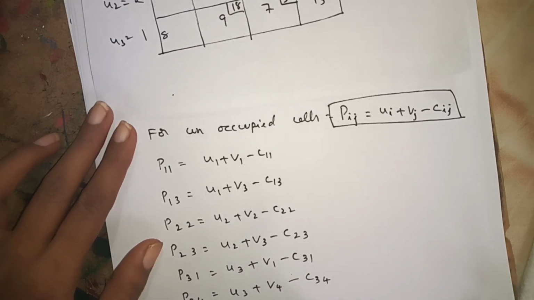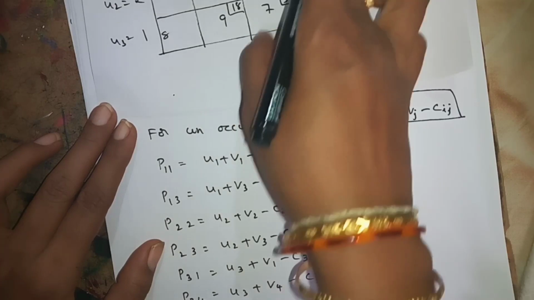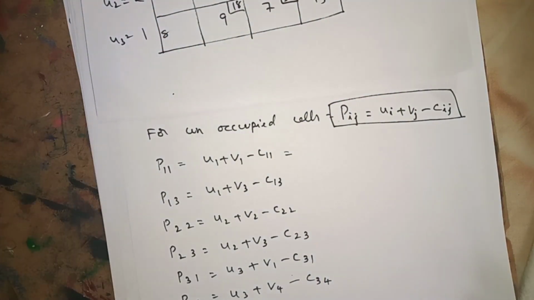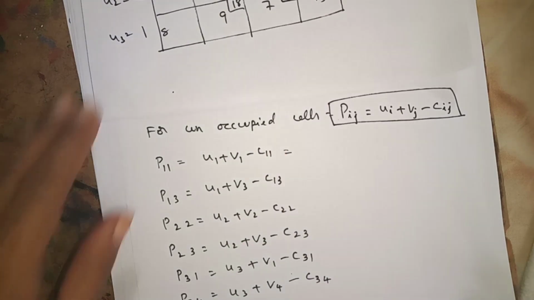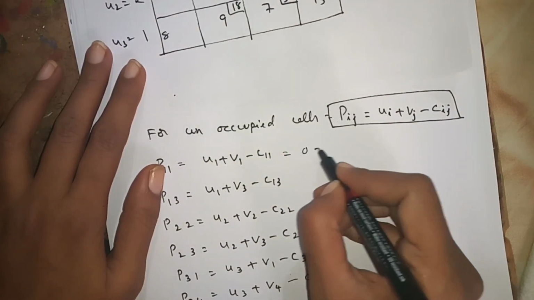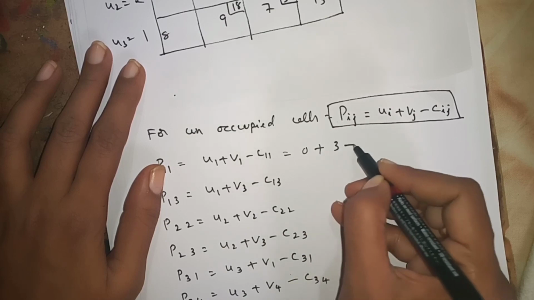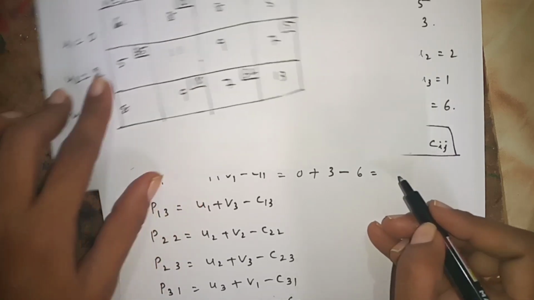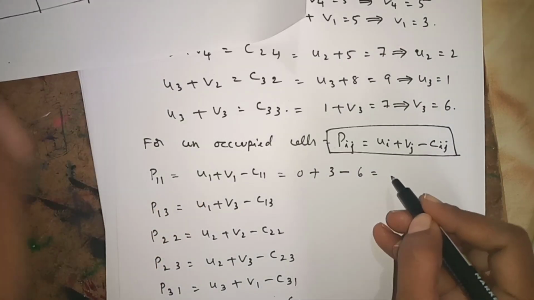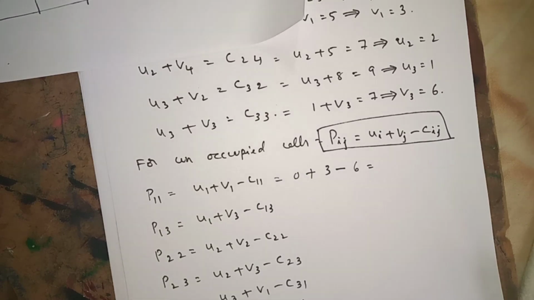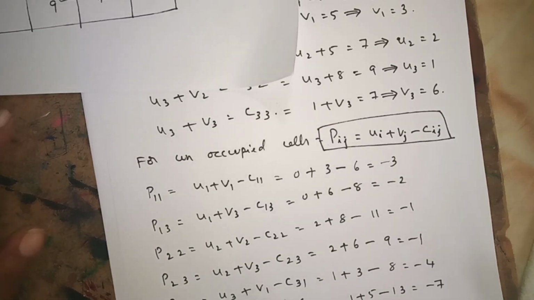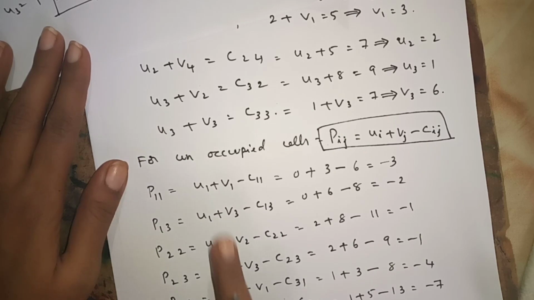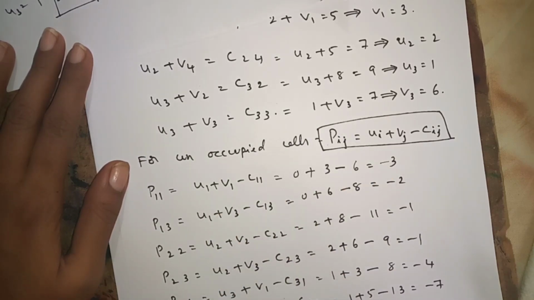Using the formula we have to substitute all the U1, U2, U3, V1, V2, V3 values and the C11 cost matrix value. U1 is 0 plus V1 3 minus C11 is 6 is equal to how much will you get? If you find all the values by substituting U1, U2, U3, V1, V2, V3, V4 values, you will get like this.